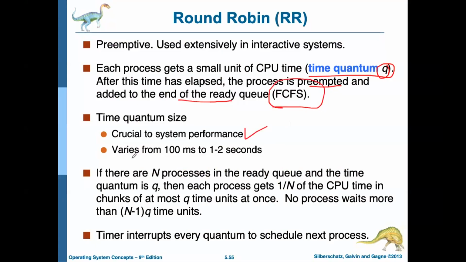It varies from 100 milliseconds to 1 or 2 seconds, because modern computing is very fast. So if the time is too big, they will not achieve the goal.